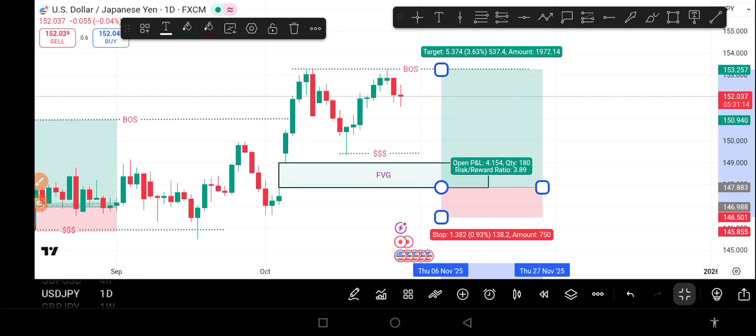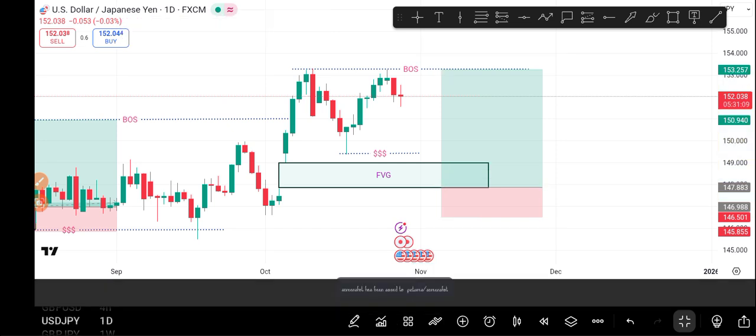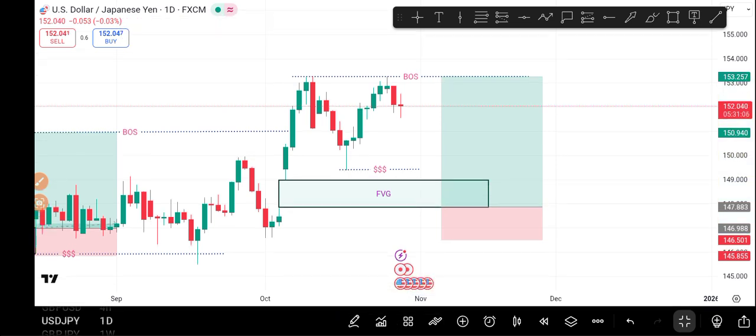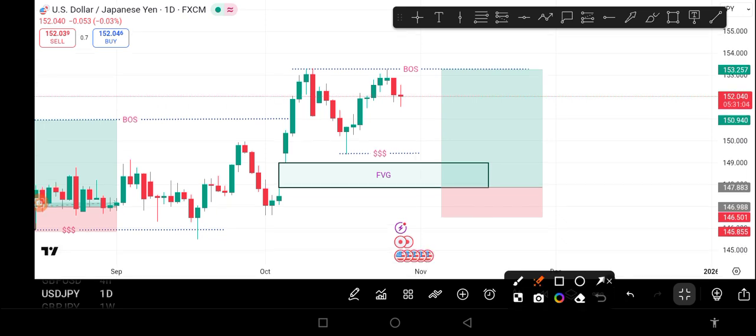So we are waiting for the price to come back. Let me show you what I'm saying again. I told you for me to say that this is a valid break of structure, I need this break of structure to take some inducement, which is this one, and then tap into this gap, because it is a very big gap and we want to attain equilibrium in the market, a balance.